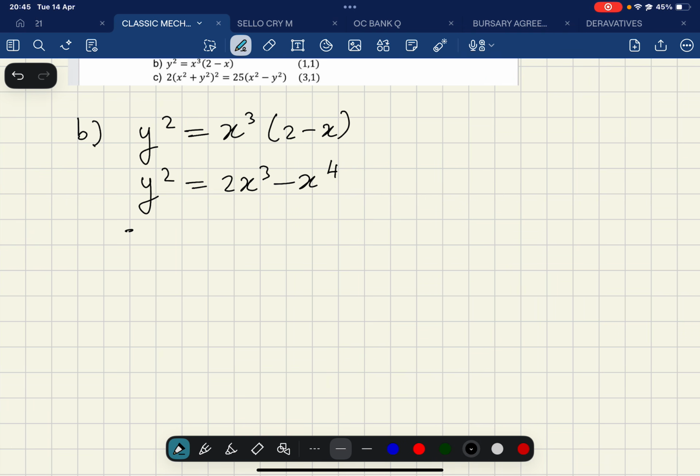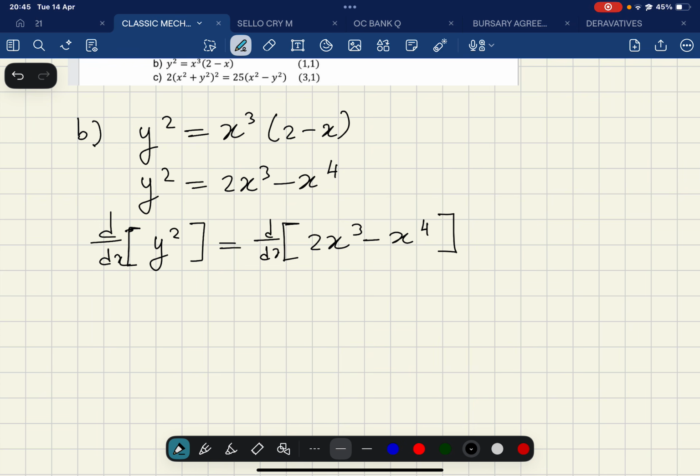So from there, I will start by using implicit differentiation. I have y squared, then I have 2x cubed minus x to the 4, then I say d over dx.